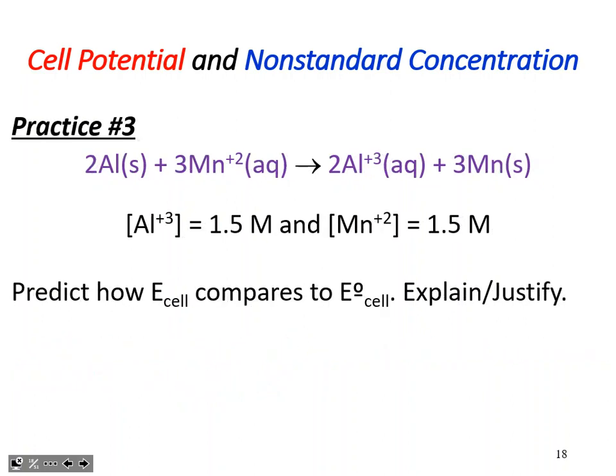Now, this one's a little deceptive, so think about it first. We have 1.5 for our aluminum, and we have 1.5 for our manganese.